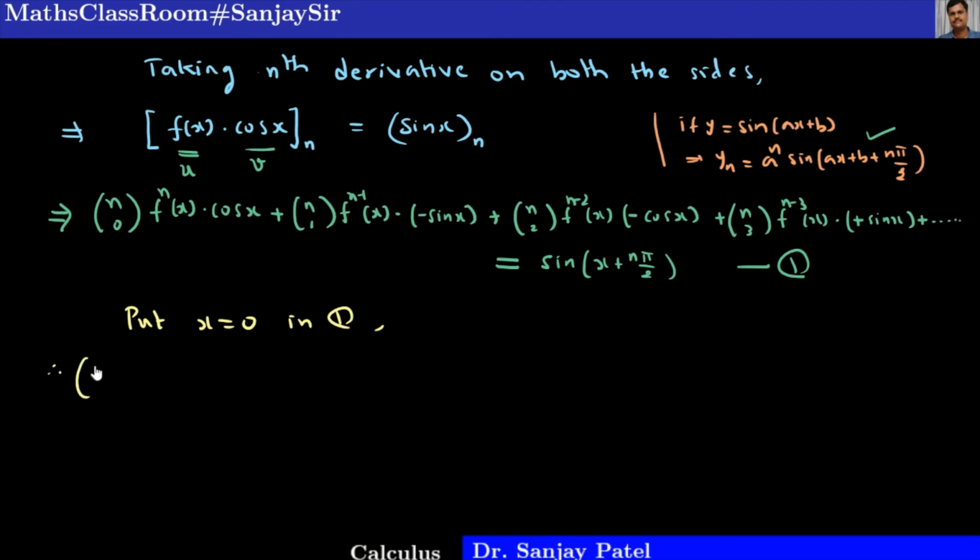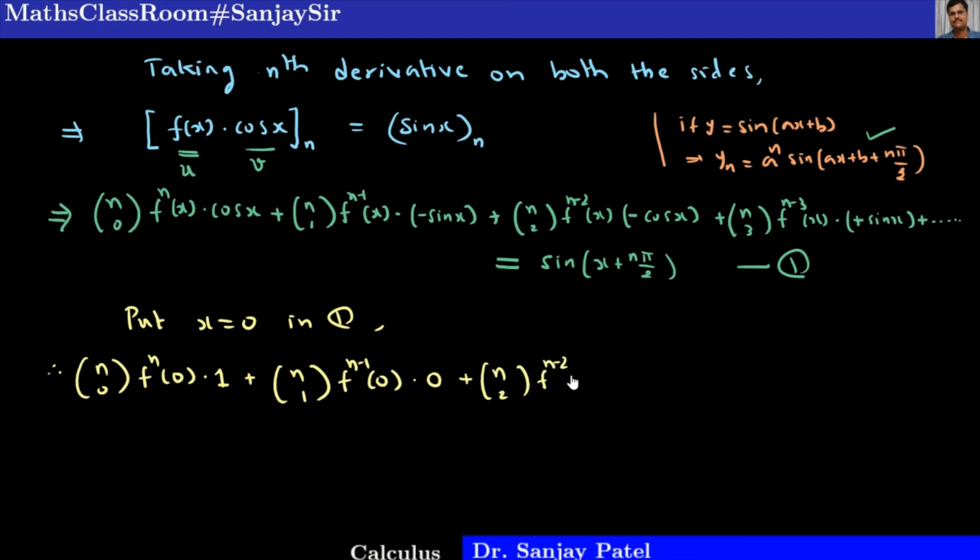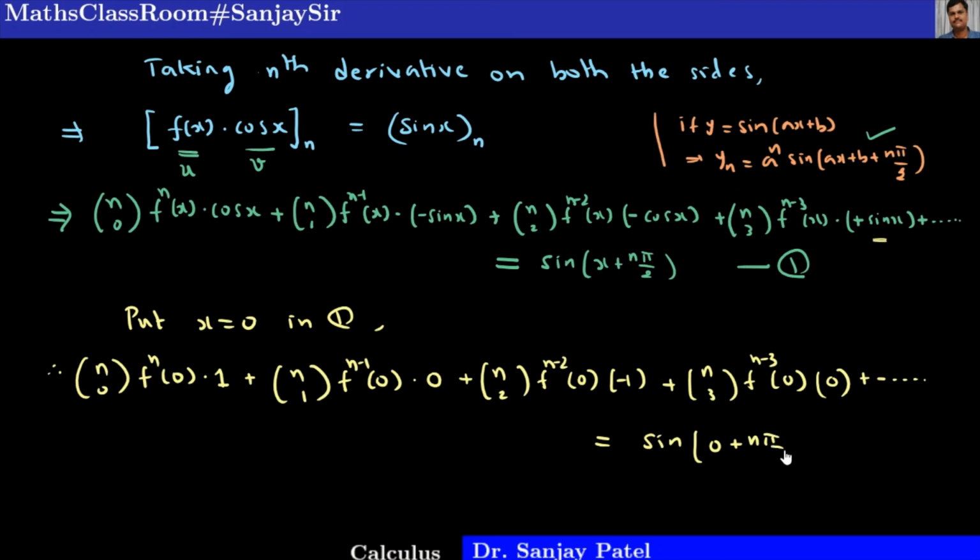So we get nC0 f^n(0) into cos 0, which is 1, plus nC1 into f^(n-1)(0) and sin 0 is 0, okay, then plus nC2 f^(n-2)(0), and cos x at x equal to 0 is 1, so it is minus 1, plus nC3 f^(n-3)(0) into sin 0 is 0, so plus and minus and so on is equal to sin of 0 plus n pi by 2.